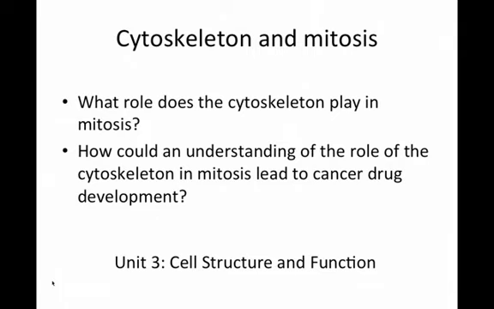So that's Unit 3, cell structure and function, where we talk about the cytoskeleton and how it regulates the function of the cell. Yes? There's a drug already on the market for something like this. How do they isolate just the cancer cells and not the rest of the body cells? So the question is, there's a drug already on the market to inhibit the mitotic spindle microtubule, but how are you not killing the rest of the cells in the body?